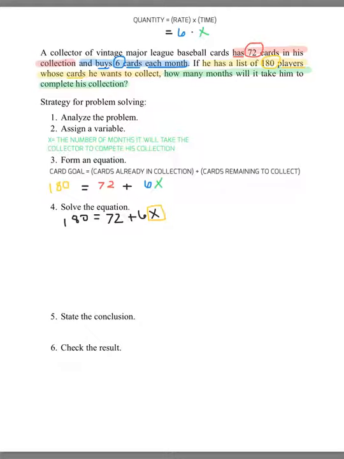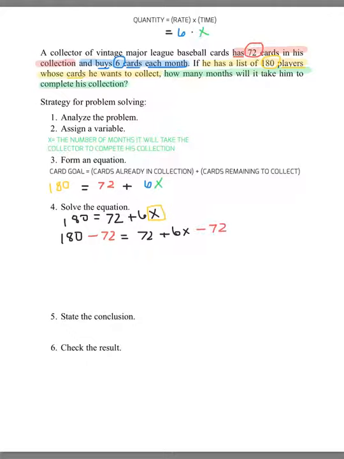So let us go ahead and do so. The only way to eliminate addition of 72 is by subtracting both sides by 72. So I'm going to go ahead and write that down. 180 minus 72 is equal to 72 plus 6x minus 72.